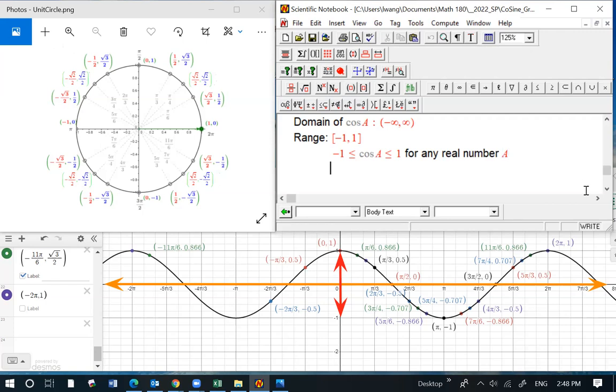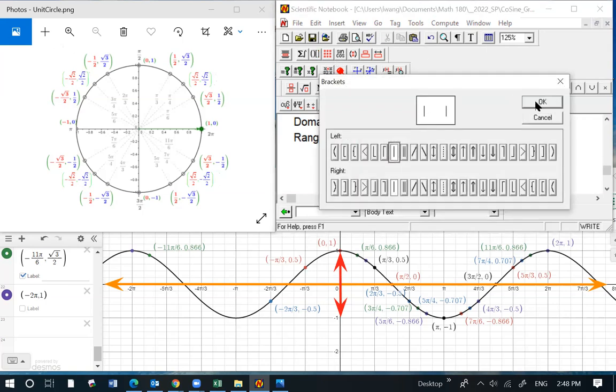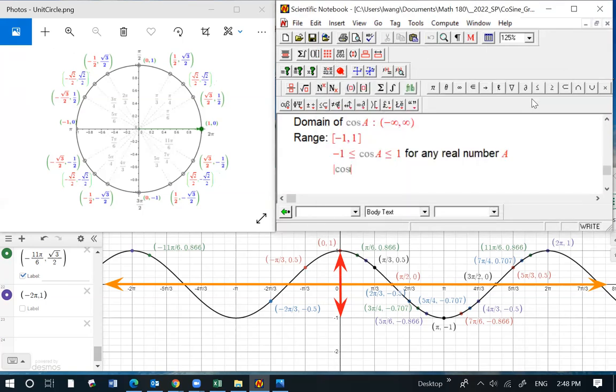Or sometimes people simply make that statement with the absolute value. Cosine A, the absolute value, is less than or equal to 1. Sometimes we just say that. And of course, it's nice to mention the domain, which is all real numbers.